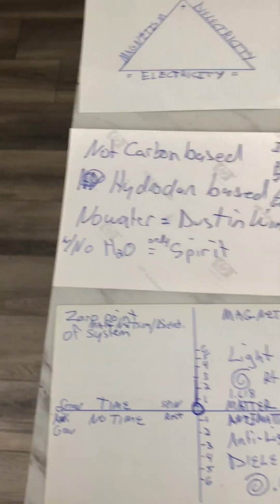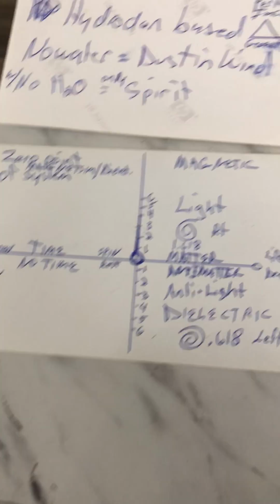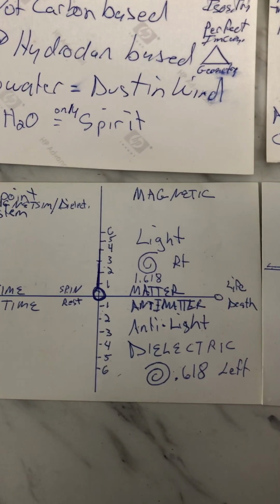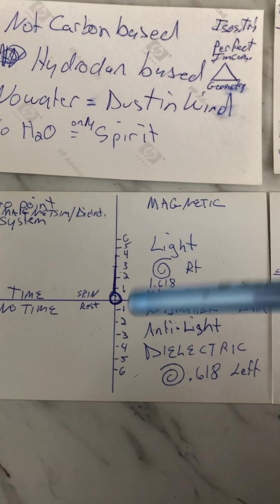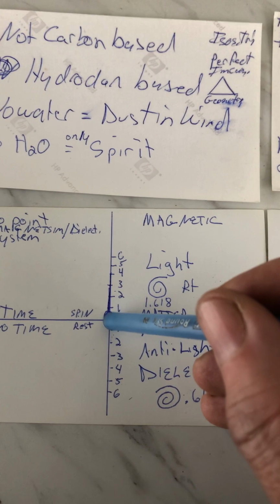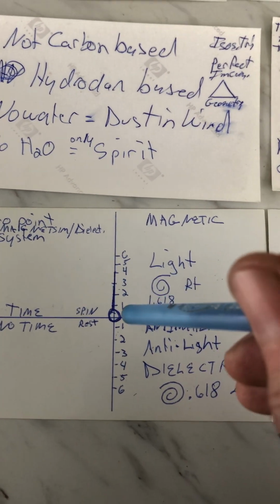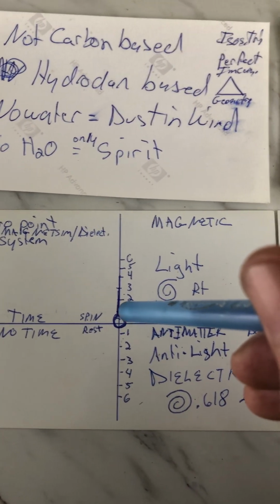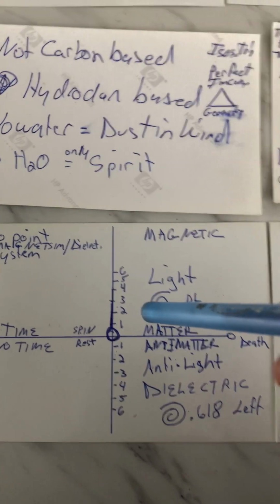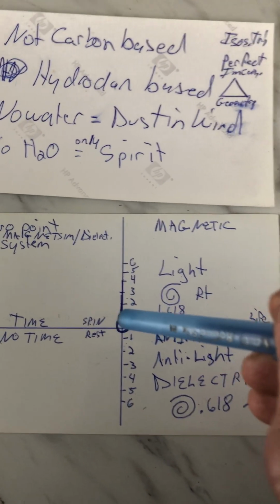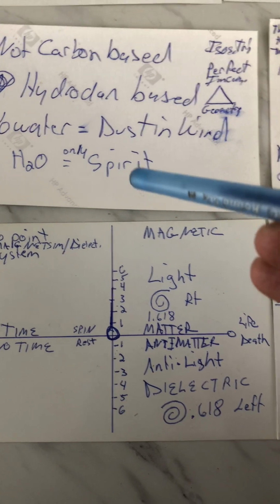So it's all about the light spectrum. So when you start at a 0 point and you start rotation to the right, clockwise, 1.618, you would start scaling up your matter.